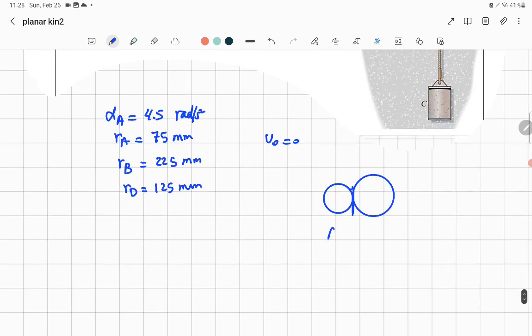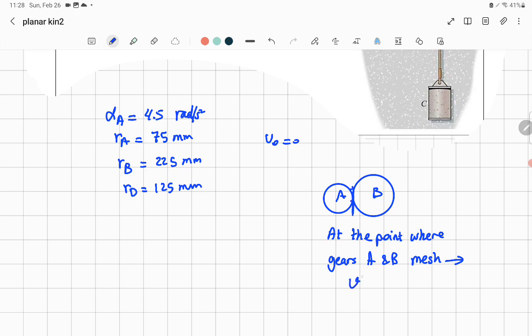So let's write this: at the point where these two gears, this is gear A and this is B, where gears A and B mesh, the velocity will be the same at this point of tangent.